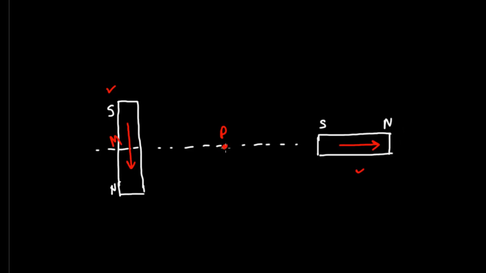So this point P, this is the first bar magnet, this is the second. This point P is on the equatorial line of the first bar magnet, while for the second it is on the axial line. For the first bar magnet, the magnetic field at point P will be opposite to its dipole moment, that is upward, because its dipole moment is downward.